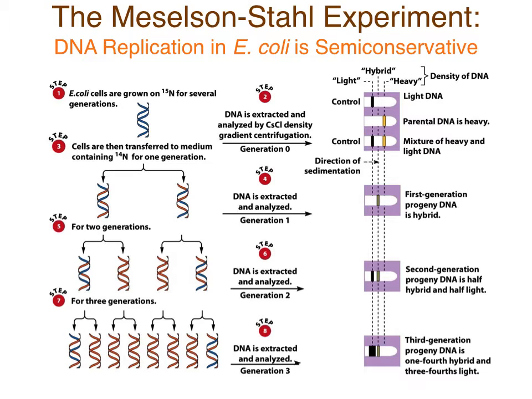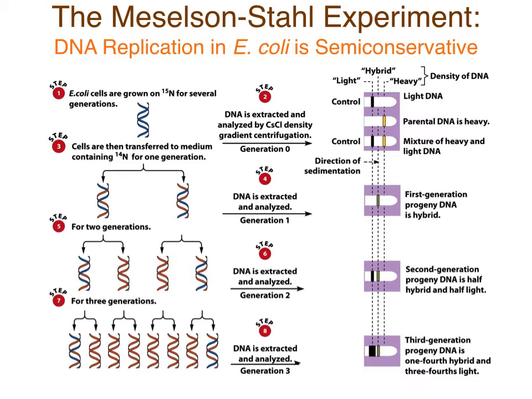And so if you're growing them in nitrogen 15, the assumption is that the new DNA strands will be made with bases that contain the heavy nitrogen.